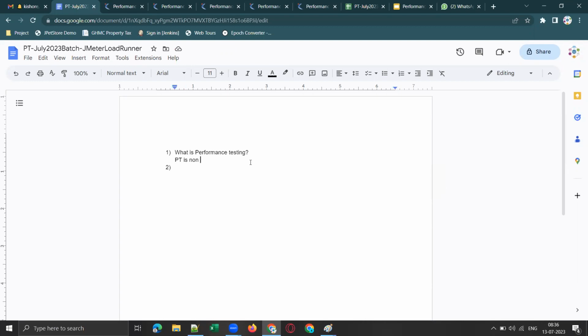So performance testing is non-functional testing which determines the speed, stability, scalability, and reliability of the application. Speed means response time, right?